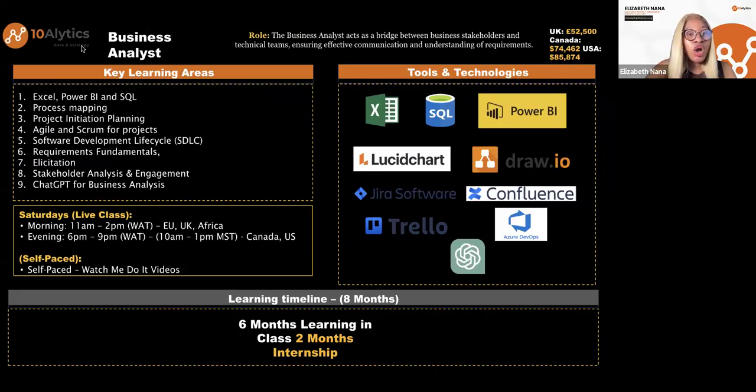All right, now a business analyst acts as a bridge between the business stakeholders, which I like to call the money guys. These are the board of directors at the NHS, the people at the top level, the C-suite executives. The business analysts act as a bridge between those guys and the technical teams in order to ensure effective communication.